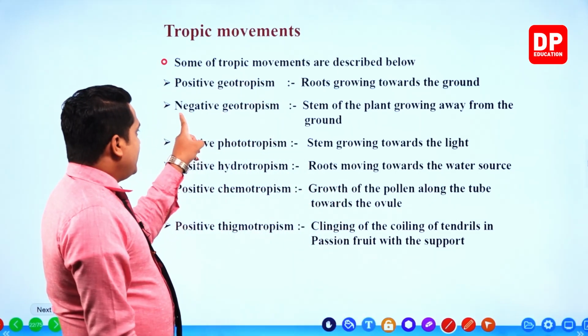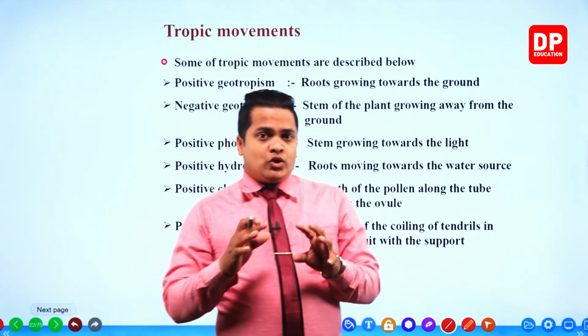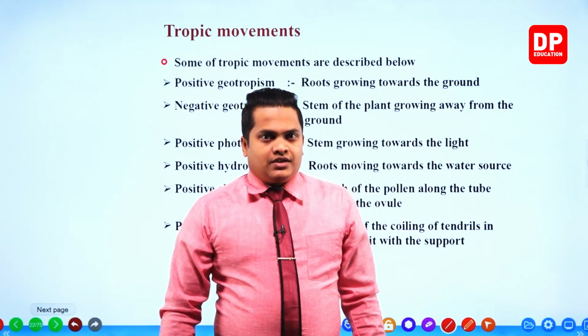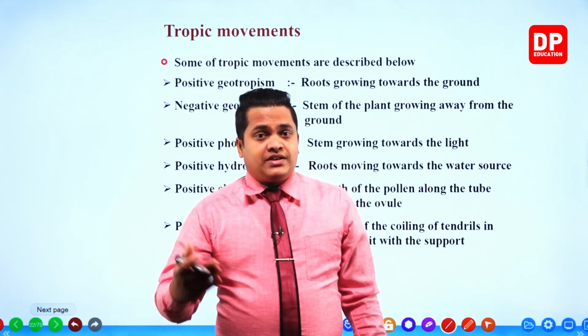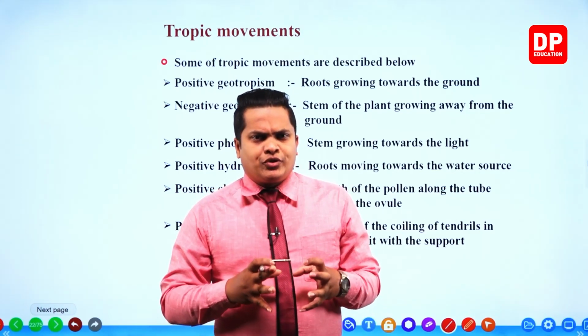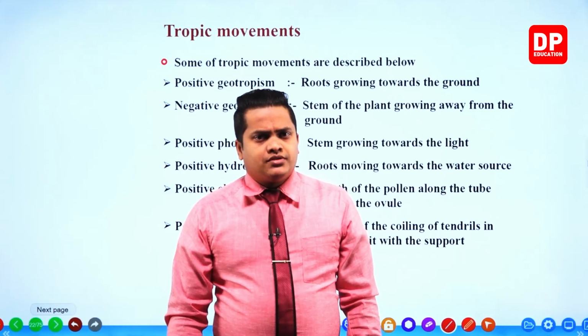Next one, negative geotropism. Now, negative means to the opposite direction, my dear children. Which part of the plant is going to grow in the opposite direction of the ground?